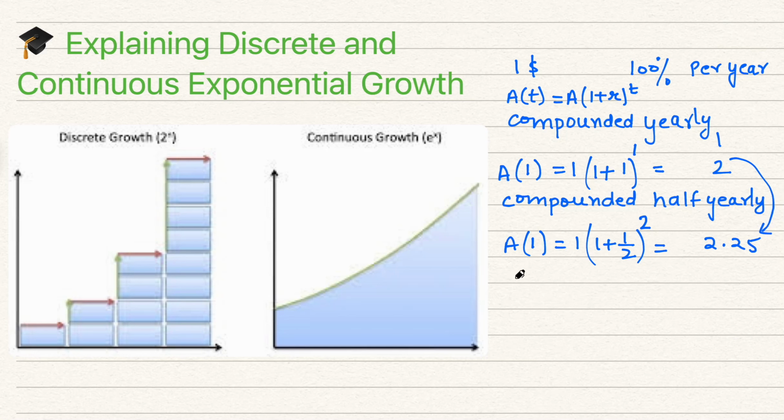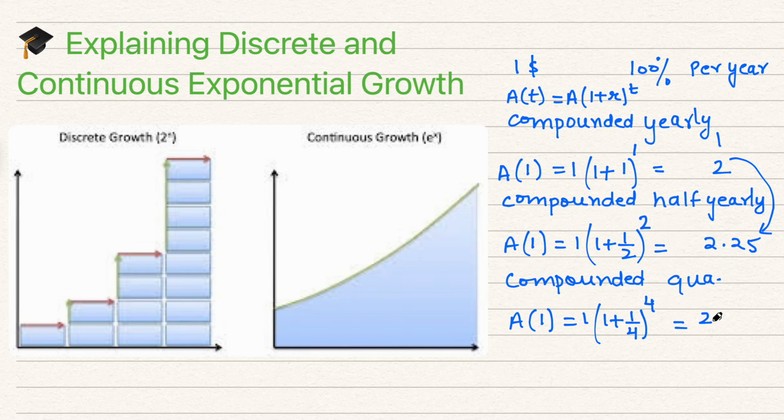Now what if you get interest 4 times in a year? So that will be compounded quarterly, right? That means in 1 year, because it's happening 4 times, the rate of interest will be 1/4, and you will get interest 4 times in a year. And if you calculate this, this is $2.44.